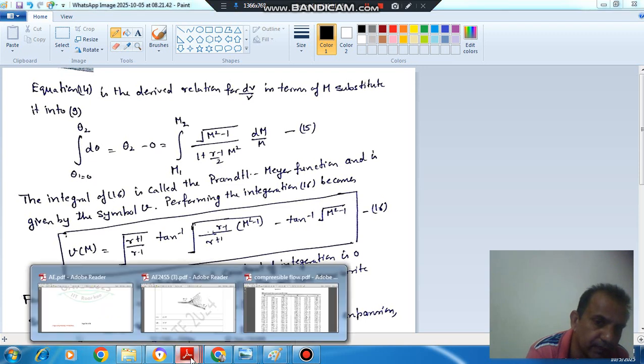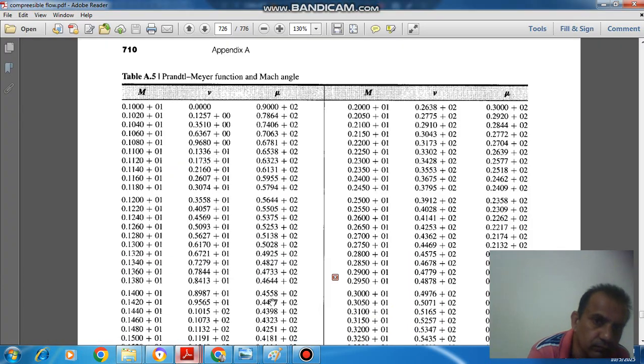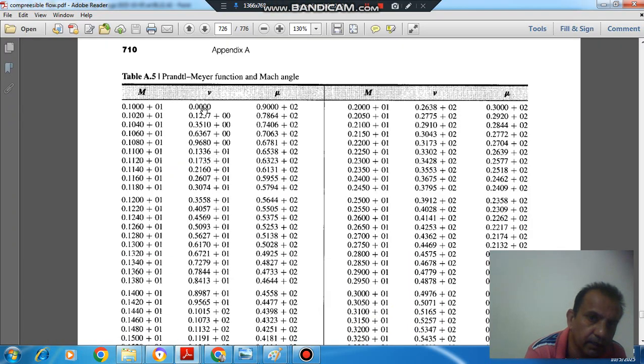So this is called the Prandtl Meyer function. Here we can see that for Mach number 1 the value of mu is 0. For Mach number 1.1, the entry is 0.1180, meaning 1.18 in the plus 01 format. If 01 is there we take 1.1, and if 02 is there we take 11.8.